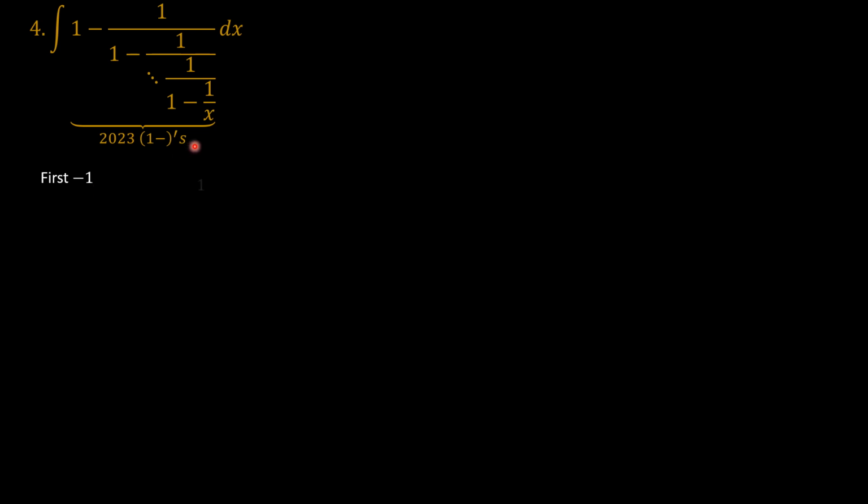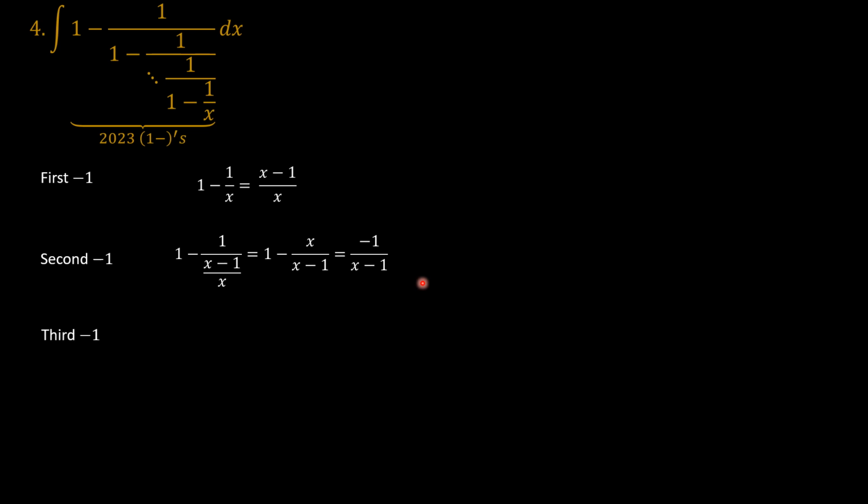As you can see, it is 1 minus 1 over x, and so it's the same as x minus 1 over x. Then you look at the second 1 minus, that results into 1 minus 1 over this value x minus 1, which results into negative 1 over x minus 1.